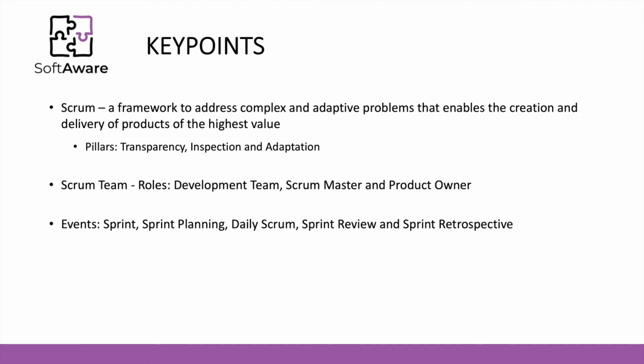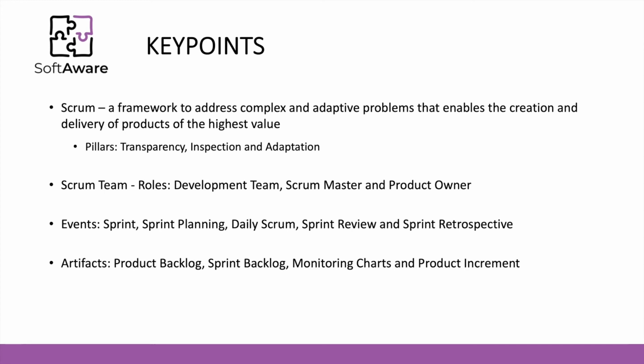So for instance, the sprint planning happens at the beginning of a sprint, the daily Scrum happens on a daily basis during the sprint, the sprint review happens at the end, and the sprint retrospective happens immediately after the sprint review and right before the next sprint starts.